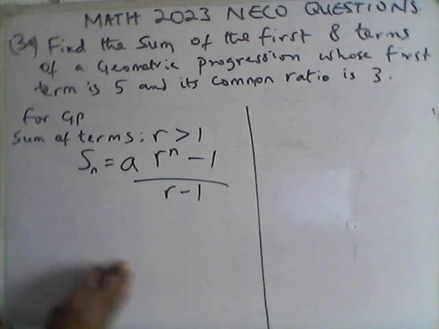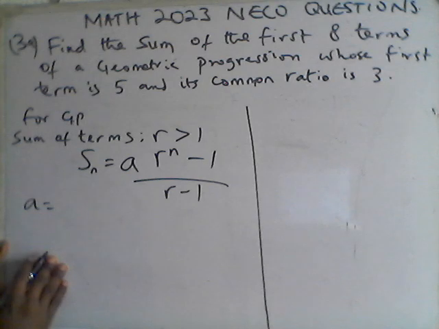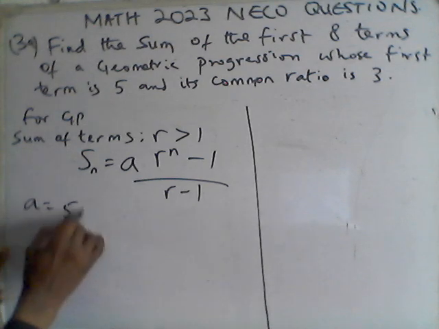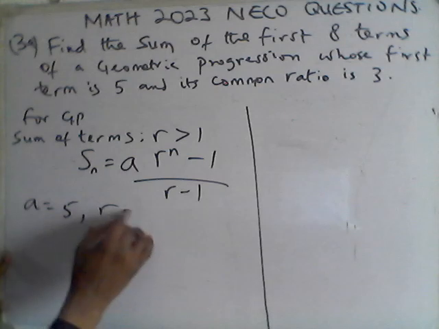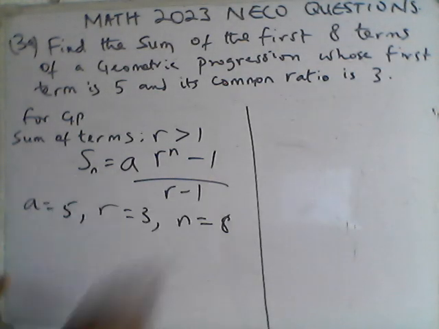So from the question, we are given the parameters a, first term, as 5, and the common ratio r as 3, and number of terms n is equals to 8. So this is simple enough.